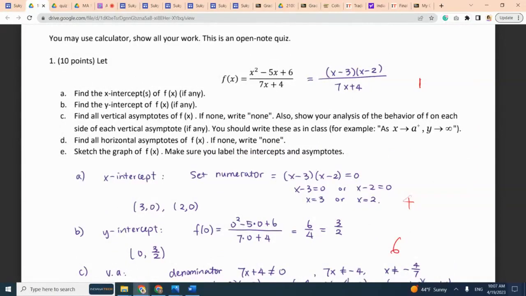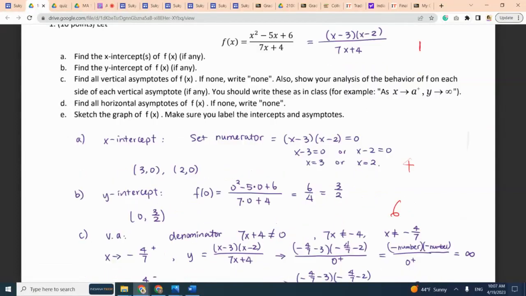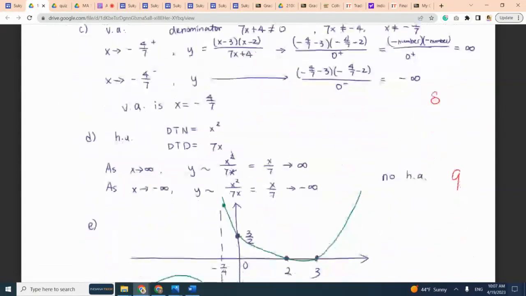How about the dominant term of the denominator? 7x. That's why you write down dominant term of numerator is x squared. Dominant term of denominator is 7x. So when x goes to infinity, y behaves like we just look at the dominant terms. Do you see the x and one of the x here cancel? So you have x over 7.